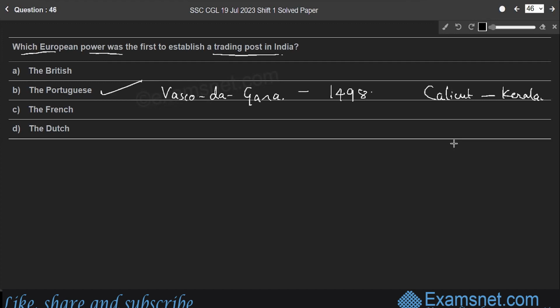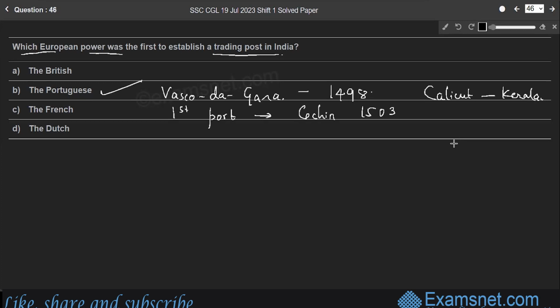This marked the beginning of the Portuguese era in India. They established their first fort in Cochin in Kerala in 1503.